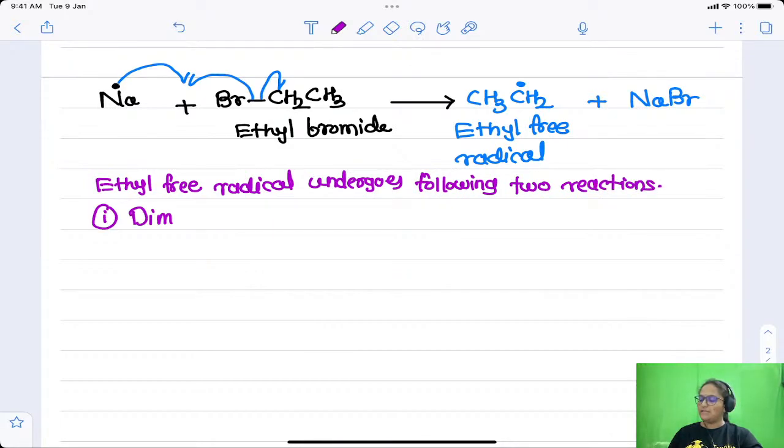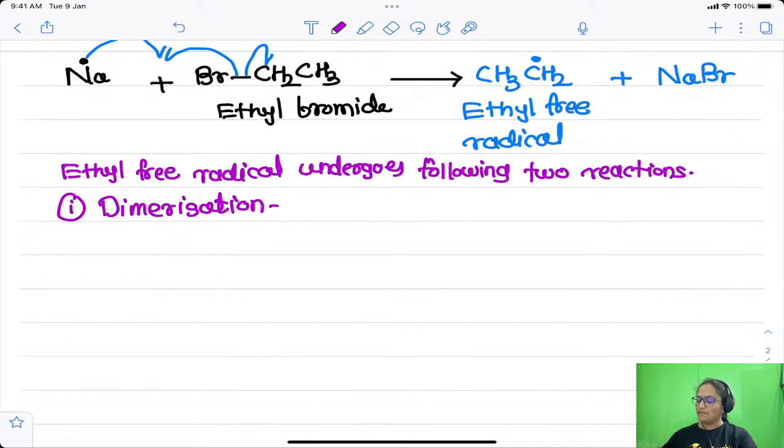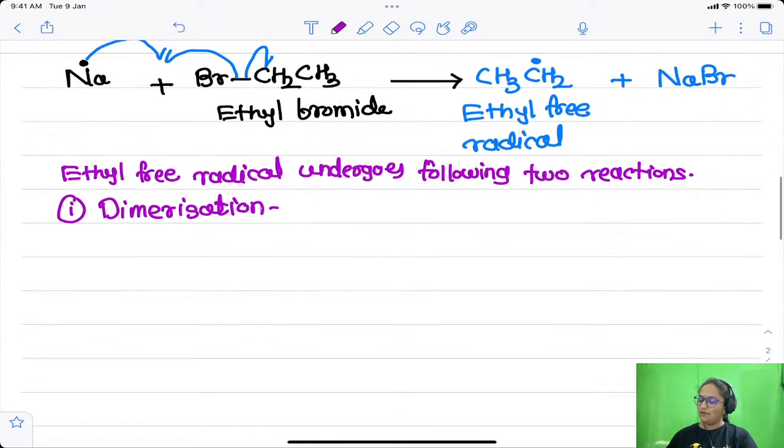First of all, dimerization. Dimerization means dimer formation. Let us see how the dimer formation takes place.